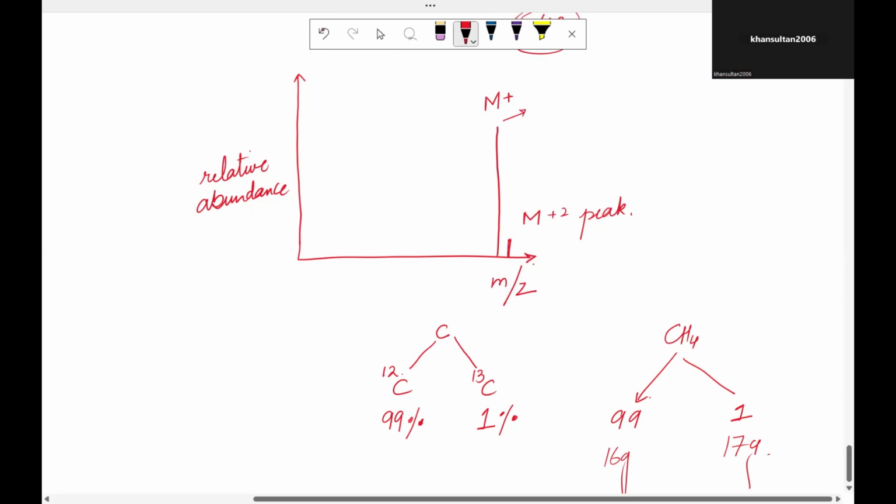This has been represented by carbon 12 and this has been represented by the carbon 13 peak, because there's only a difference of one between them. So let's move further. You can see the difference in the height of these peaks: 99% is represented by this peak and only 1% by this peak.